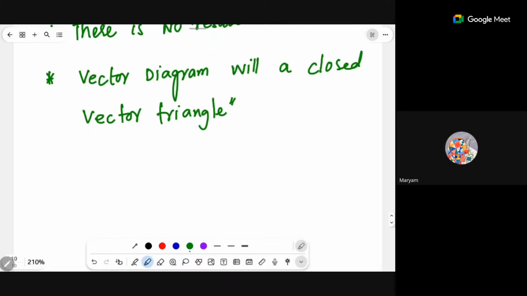I will explain you. Just let me write the next point. Then I will explain both of these points. One thing, our vector diagram will be a closed vector triangle.